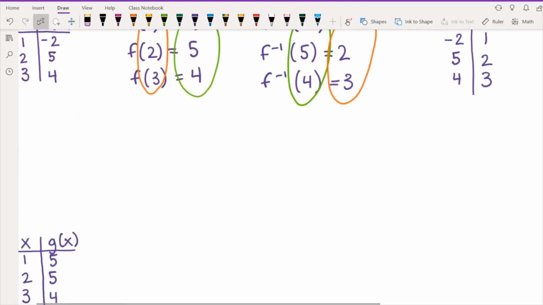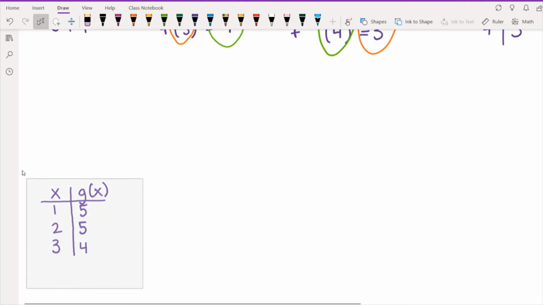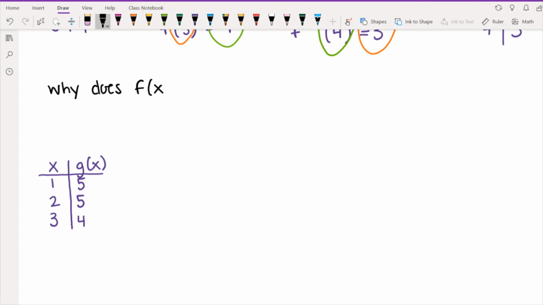So why is it important that the original function is one-to-one? Well, let me show you what would happen if we tried to use a function that was not one-to-one. Why does your original function f of x need to be one-to-one?